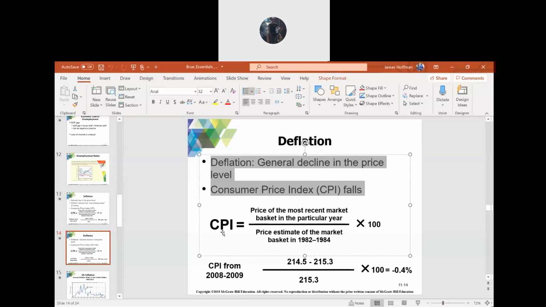Okay, so to get the inflation rate, just take the change of the new value over the original, and the change in the CPI is the rate of inflation, or in this case, if it decreases, deflation.